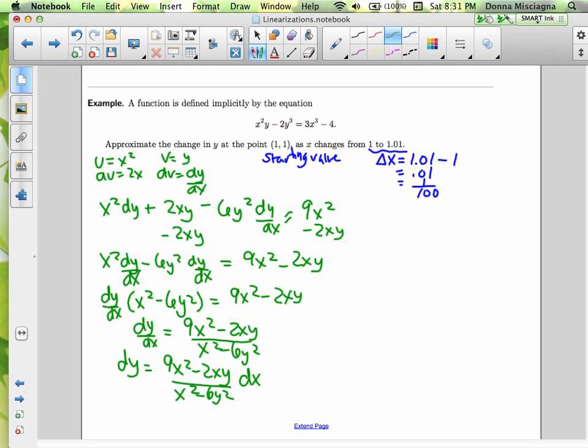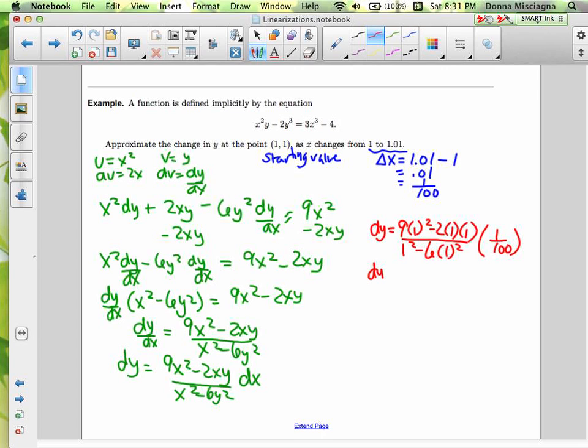I'm going to switch colors just because it's kind of busy up here. So our change in y is 9 times 1 squared minus 2 times 1 over 1 squared minus 6 times 1 squared, times 1 over 100.